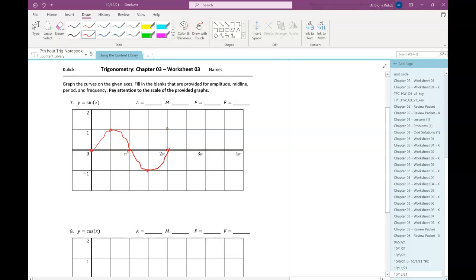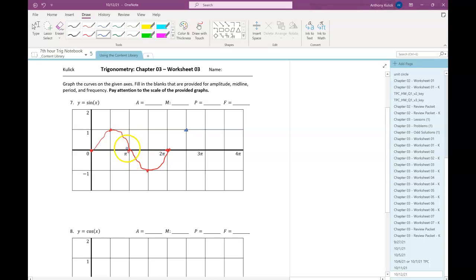And there's still the directions ask you to fill the blanks. Oh, graph the curve on the given axis. All right. But we should extend this to fill the space. So if I extend this from this direction, the next thing I would do is I'm starting over, going from here to here. So the next spot should be there.